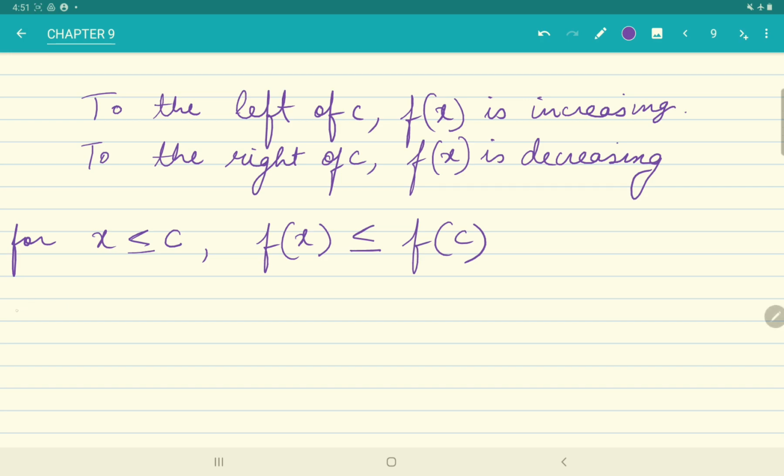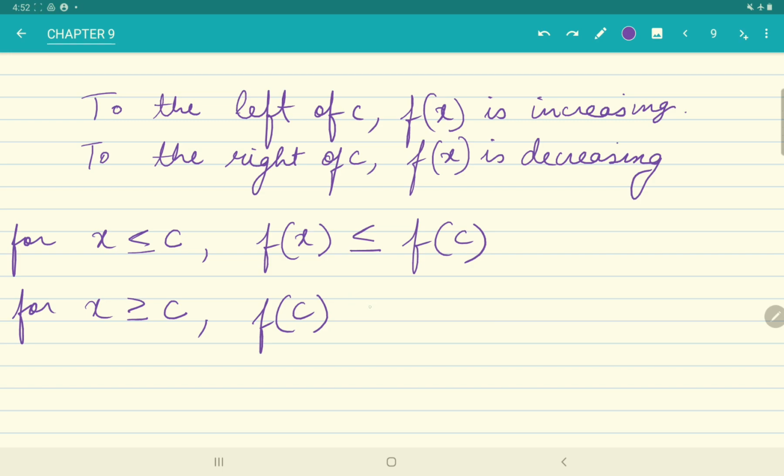And I can see that for all x greater than equal to c, that is to the right of c, f of x is decreasing. Clearly that means it is not increasing, it is decreasing. So that means f of x is greater than equal to f of c. Or I can write, okay, so it's f of x less than equal to f of c, f of x greater than equal to f of c.